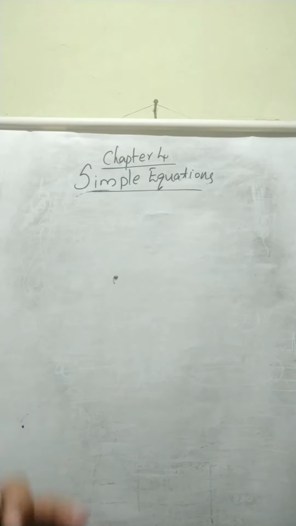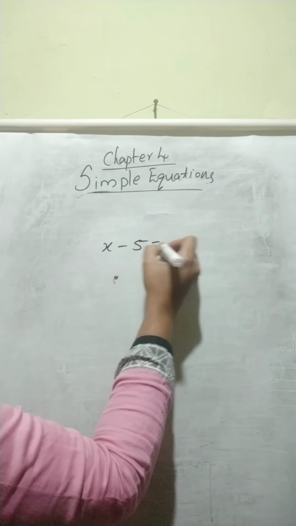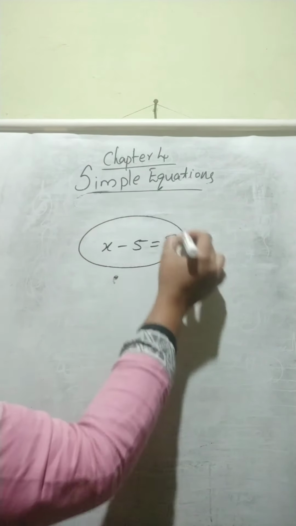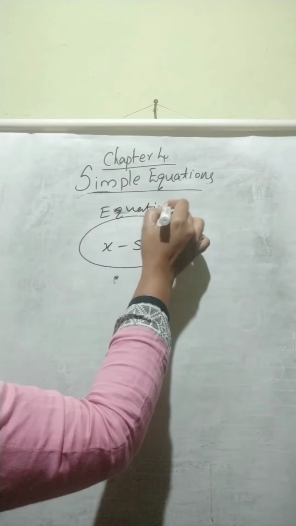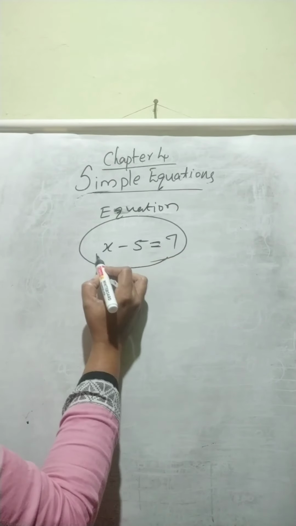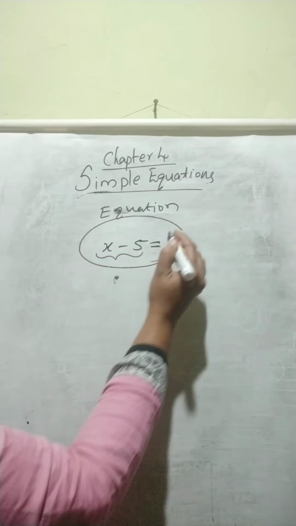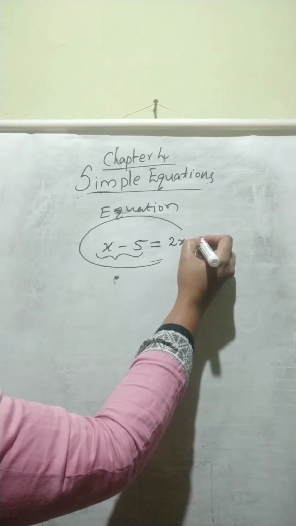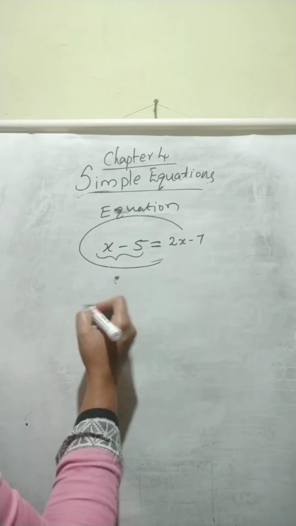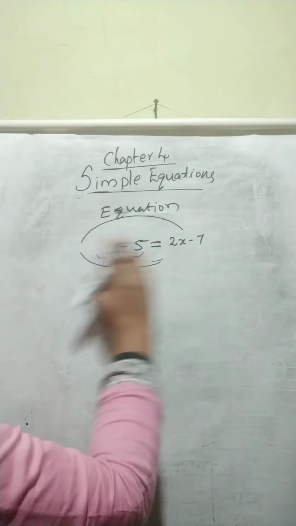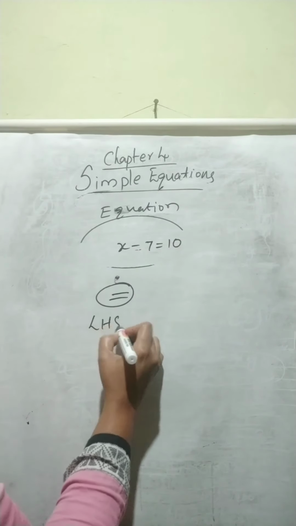Here we can notice x minus 5 is equal to 7. It's an equation. Why? Here the equal to symbol is there, also the LHS part is there, and the RHS also is there. Also 2x minus 7 or anything else. So an equation contains an equal to sign, also an LHS part and an RHS part.